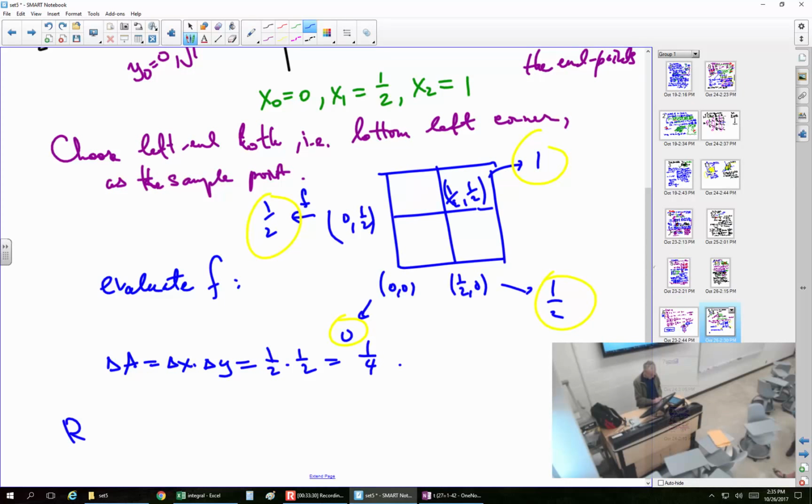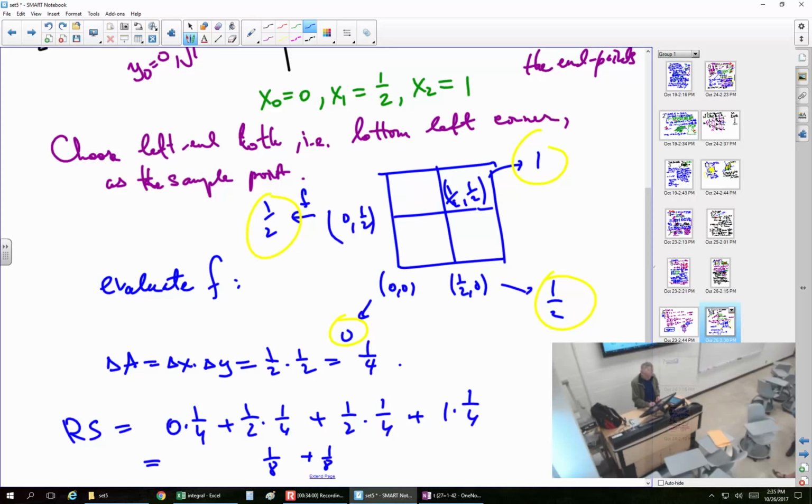So my Riemann sum is equal to, there is no particular order, so how about I go horizontally? 0 times 1/4 plus 1/2 times 1/4 plus 1/2 times 1/4 and plus 1 times 1/4. Horizontally, and then next level also horizontal. Okay, so I certainly can finish the computation: 1/8 plus 1/8 plus 1/4, which is 1/2.